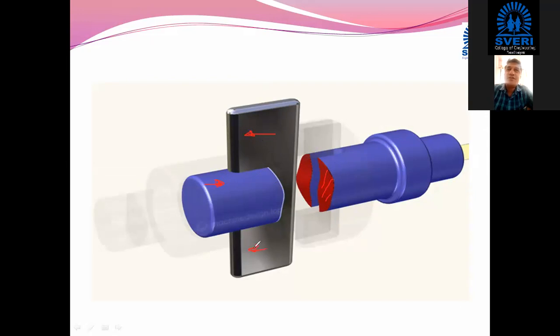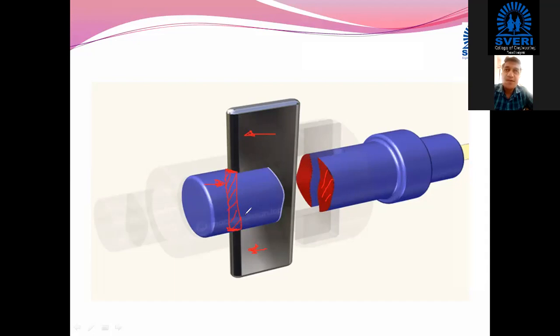Consider that this quarter or pin is very strong, then what will happen at the junction of this spigot and this pin? This total area which is inside, this area will undergo crushing.